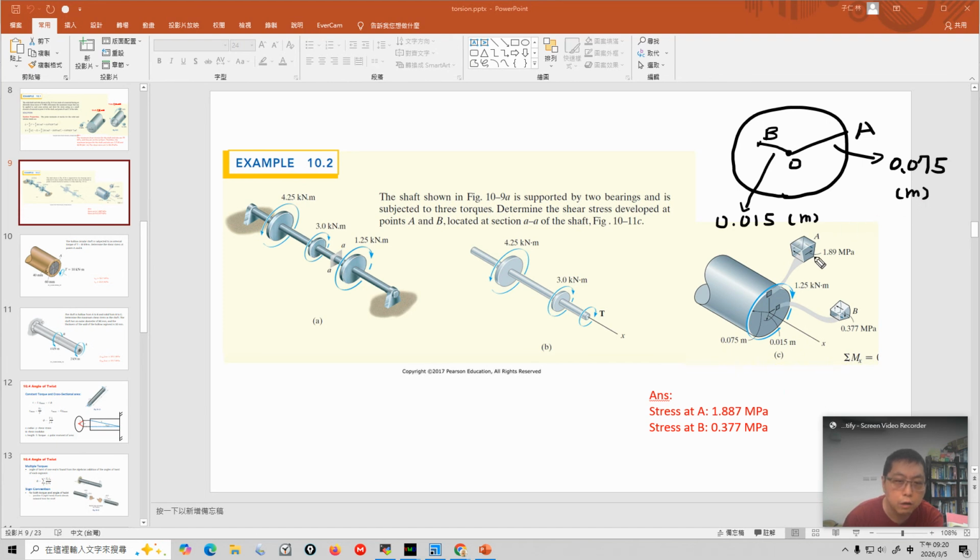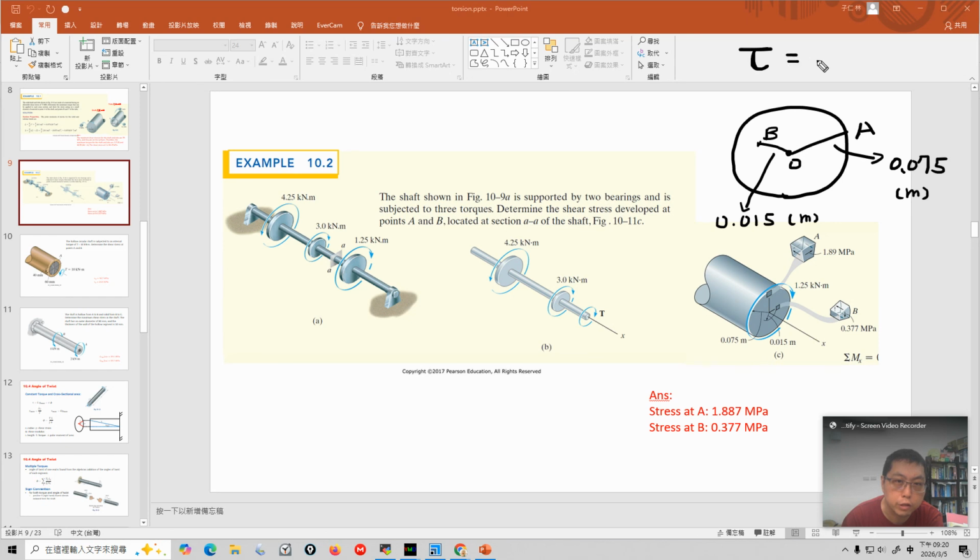When we want to calculate the shear stress, we will use the torsional formula. When the member is subject to a torsional load, what is the formula?